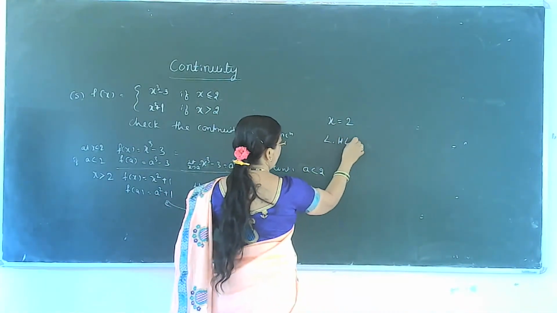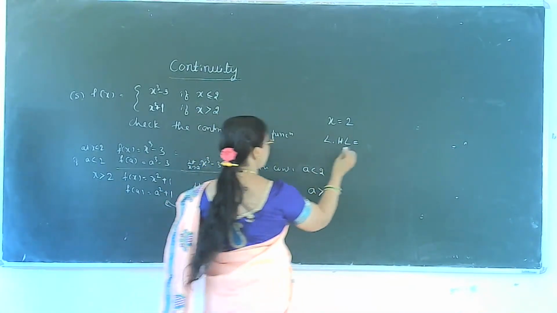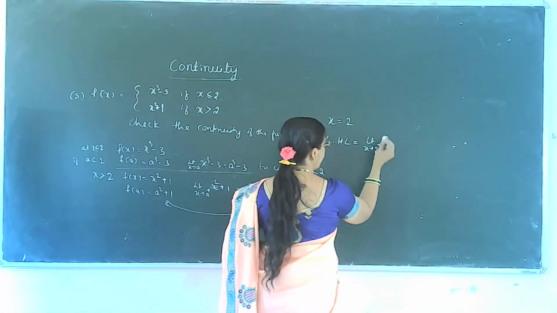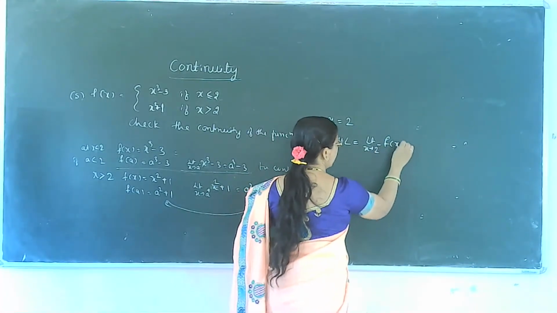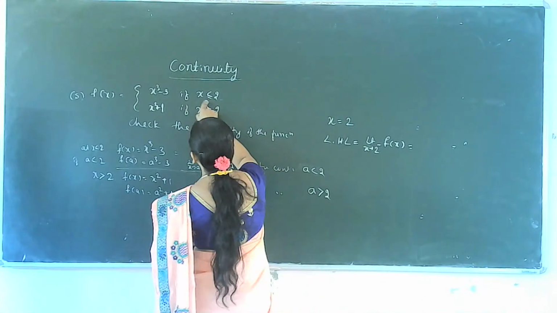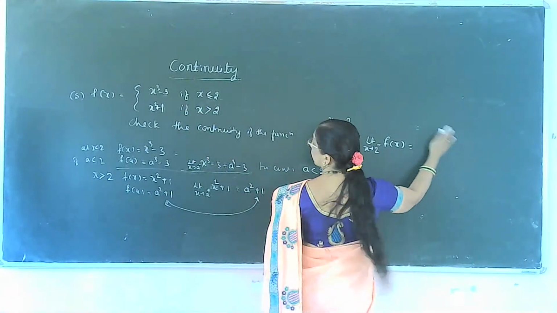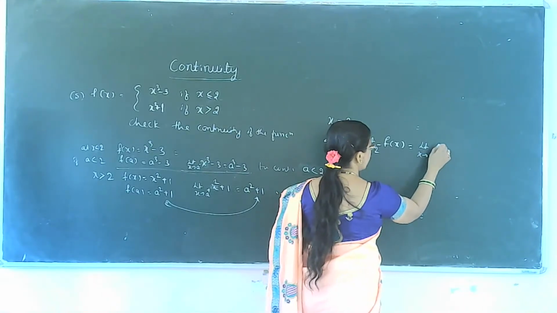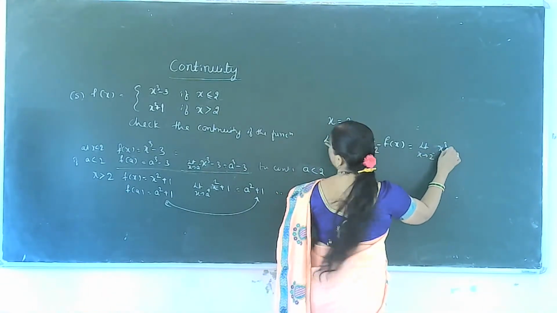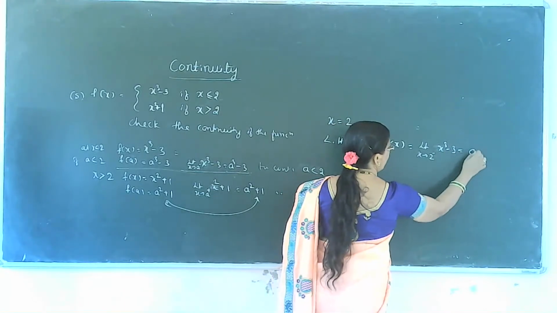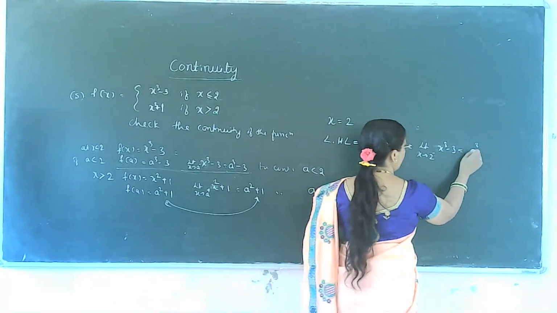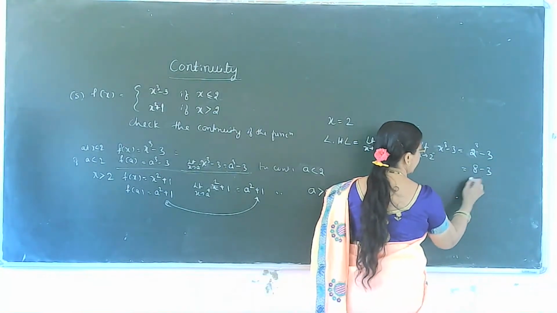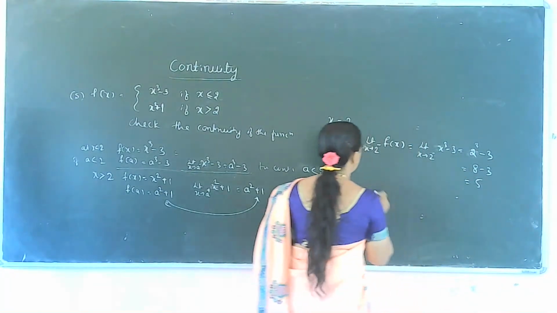LHL: the limit as x tends to 2 minus of f of x, which is equal to, here, less than 2, x cube minus 3, which is equal to 2 cube minus 3, which is equal to 8 minus 3, which is equal to 5.